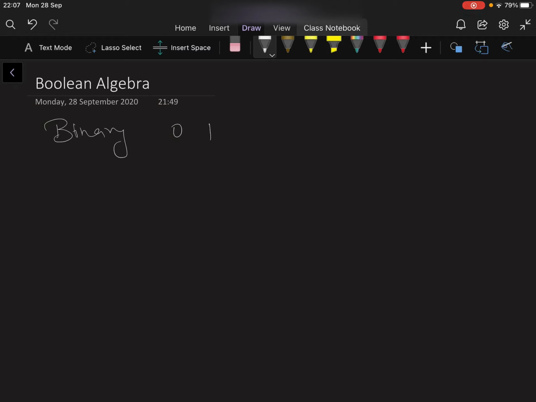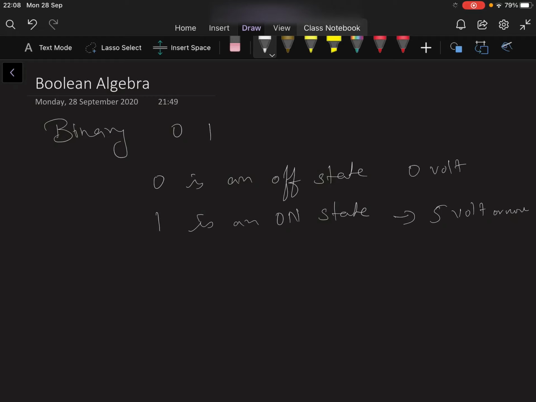Now when you say 0, 0 is an off state, 1 is an on state. On state means where you have 5 volt or more, and here it is 0 volt. So this is how your connections are.